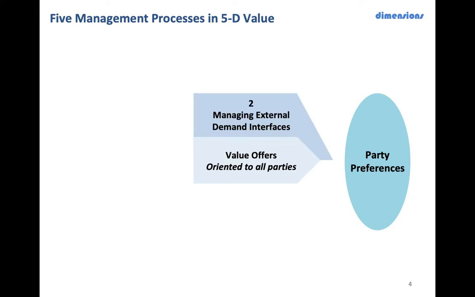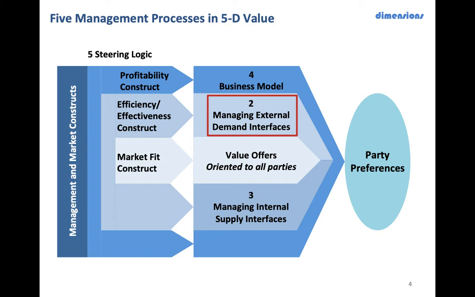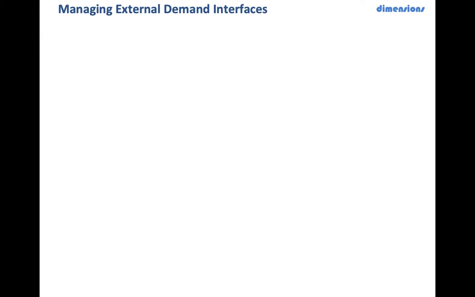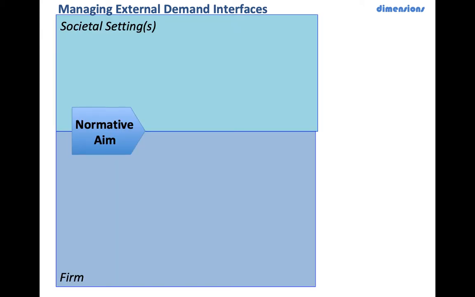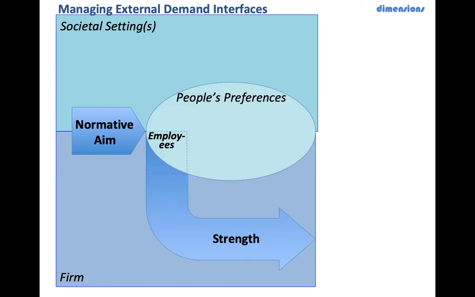Designing these value offers, for example, to customers, takes place within the framework of an overall approach to the firm's market presence and positioning. This is the second management process, managing external demand interfaces. This process has 5 elements. The normative aim generates benefits in the society which address people's preferences, some of whom become employees. They translate the societal benefits into the basis for distinctive operations, forming the strength.